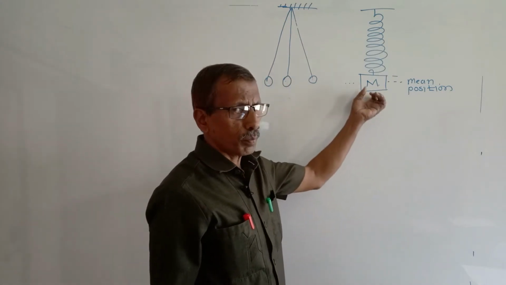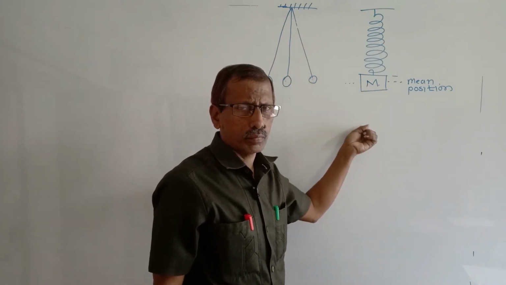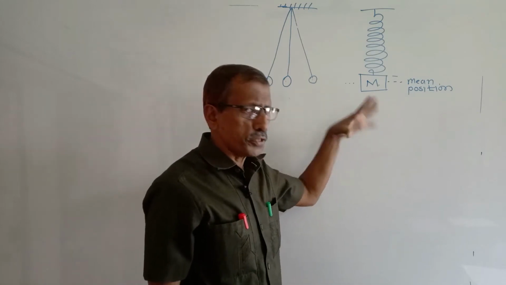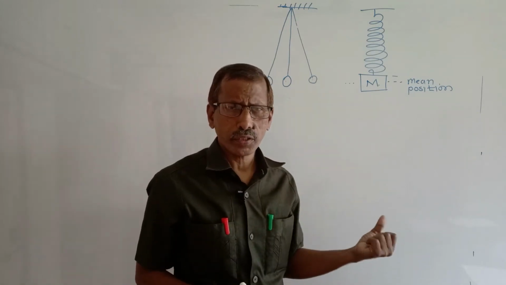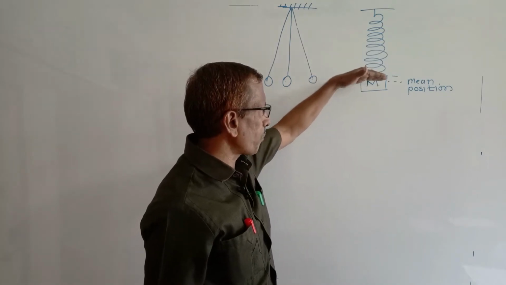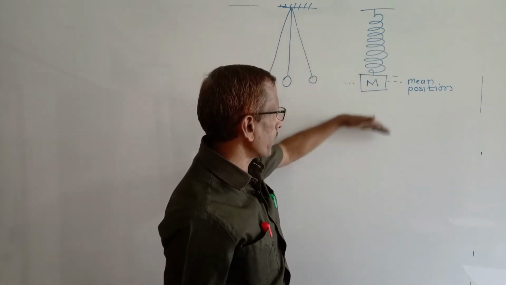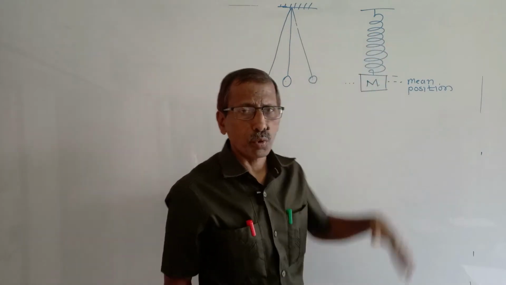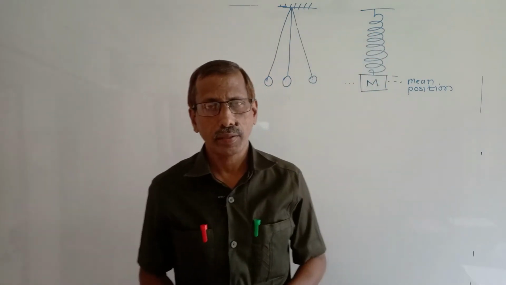When this block is pulled downward and released, what is our experience? This block of mass m also performs linear simple harmonic motion about its mean position along a straight line.